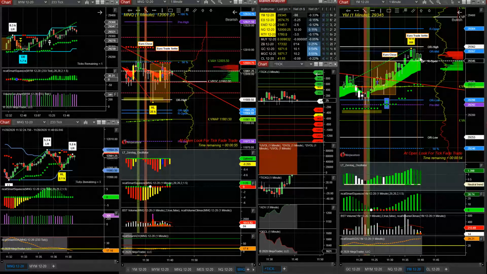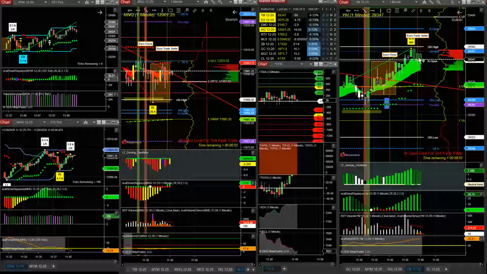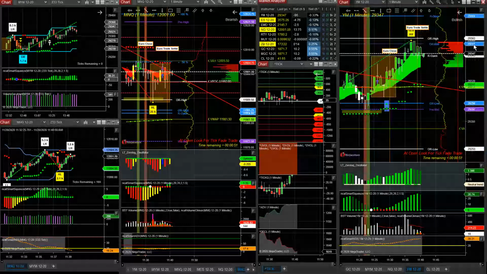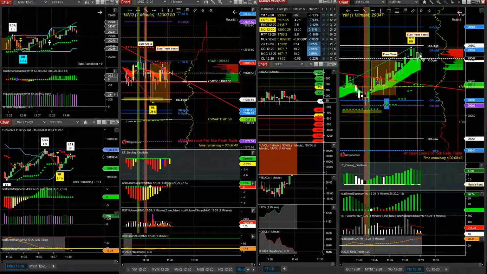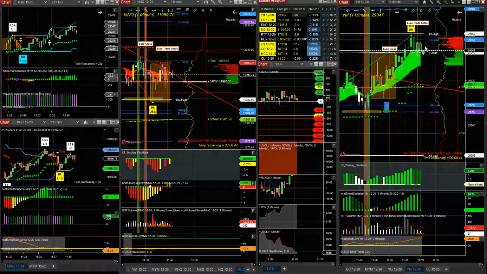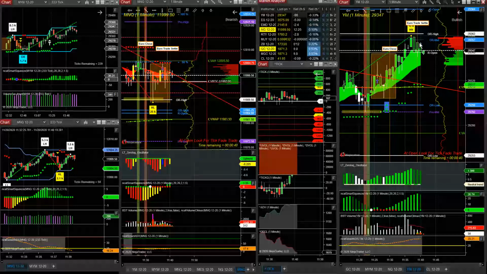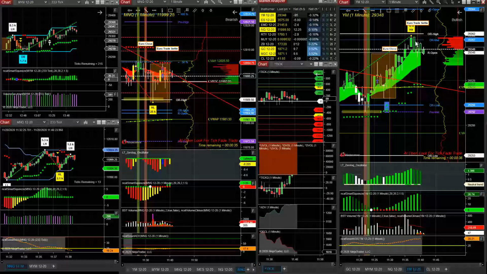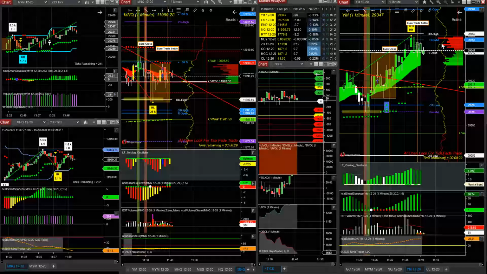Getting dark green candles, meaning the speed has subsided, right? We could still go back up. What we wanted to see is we get a flush up, we get dark green candles saying the speed to the upside has subsided.